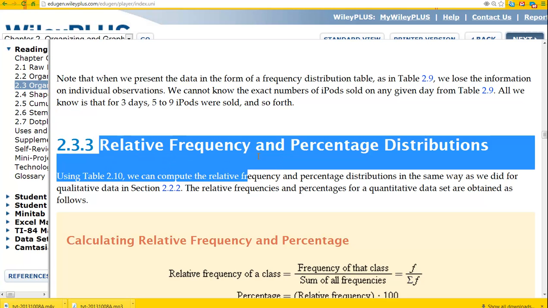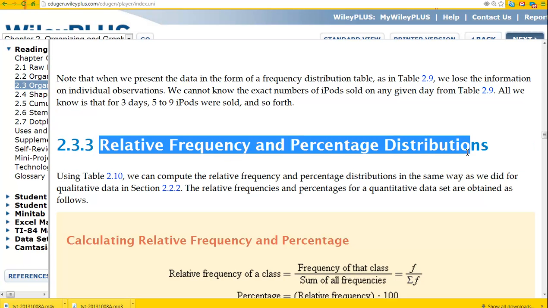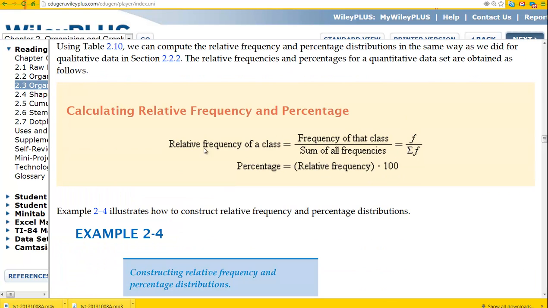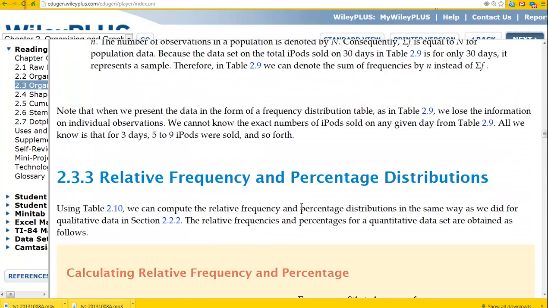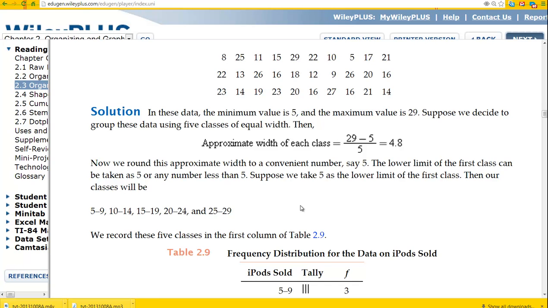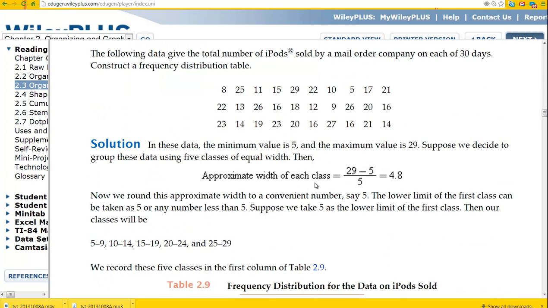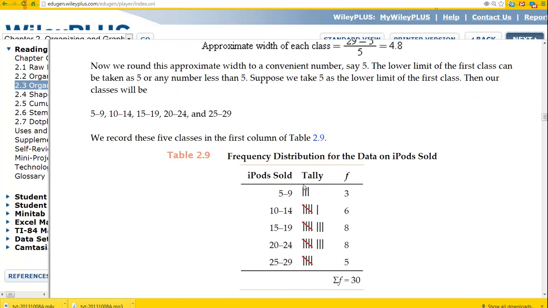We're talking about the relative frequency and the percentage distributions. Now we did this already, but we did it for qualitative data. Now we're doing it for quantitative, for numerical data. Remember, we took quantitative data and made classes, so then we could say, like, between 5 and 9, how many were there?